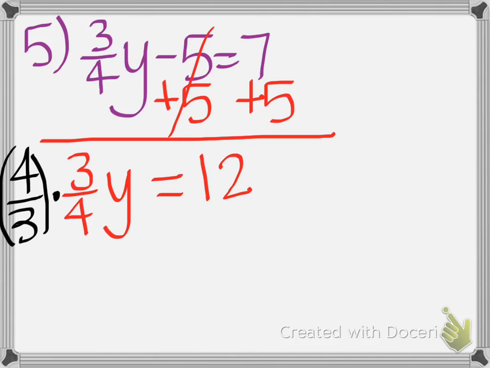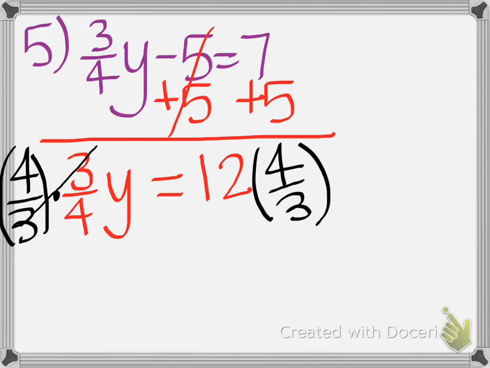And remember, if I do it to one side, I also have to do it to the other side. So now I want these two fractions to cancel. So I have a 3 on top and a 3 on bottom, that cancels, and my 4 and my 4 on bottom cancel also. So on the left side here, I'm left with a y.